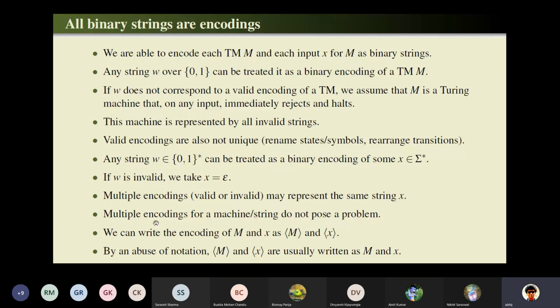But multiple encodings of a machine or a string do not pose a problem. The only thing is that every string has a valid encoding and every binary string can be thought of as the encoding of something, even if invalid. The uniqueness of encoding is not a botheration for us for the so-called diagonalization proof that we are going to see. And you see that even valid encodings are not necessarily unique.